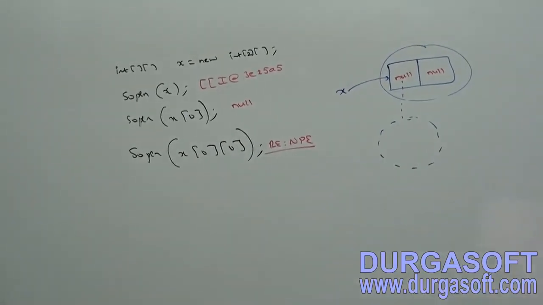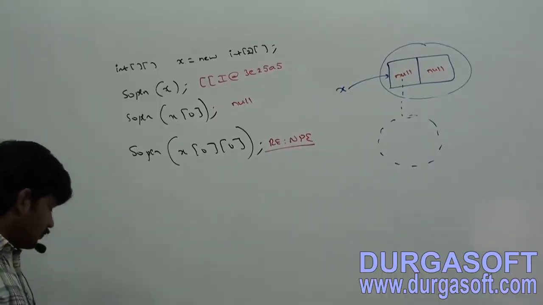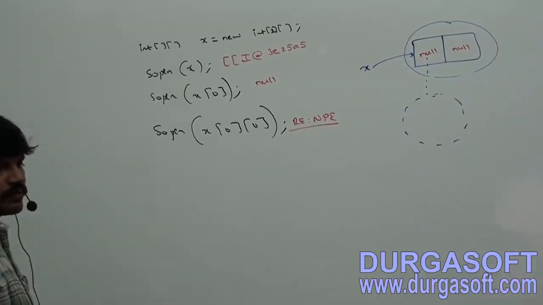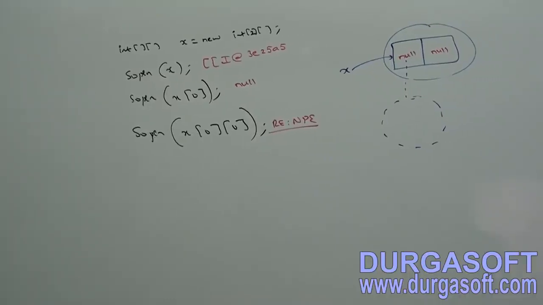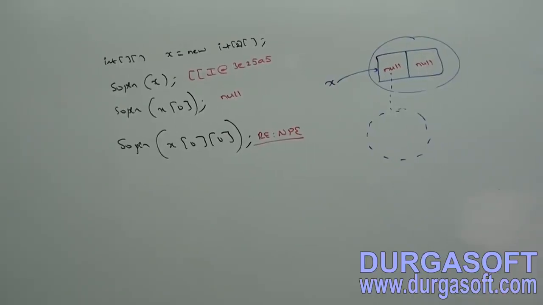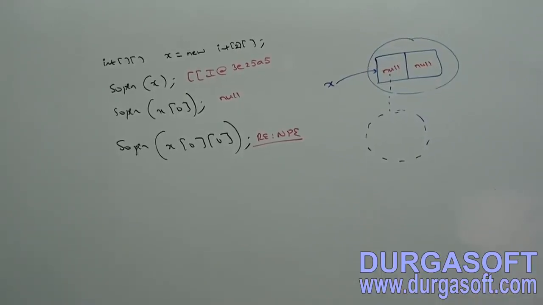Example 3. Take clearly. Two-dimensional array x is equal to new two-dimensional array of 2.